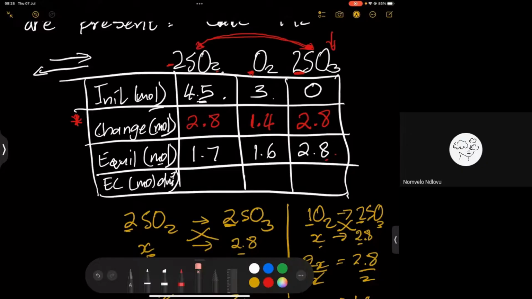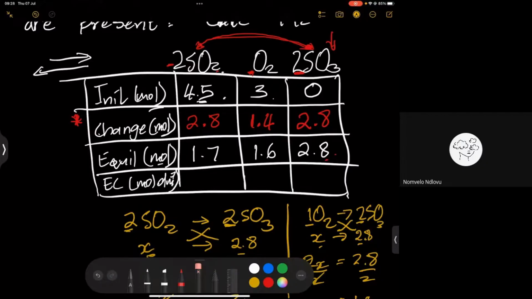And that's why I've seen some textbooks putting minus here, minus and plus or whatever. I really don't like that, because what it simply makes you do is think, okay, every time it's a reactant, then I subtract.